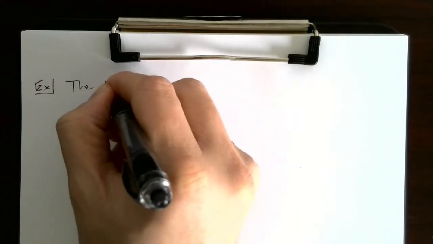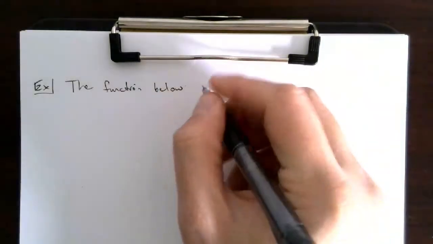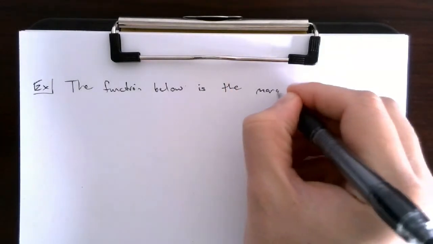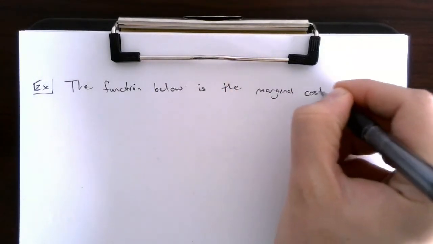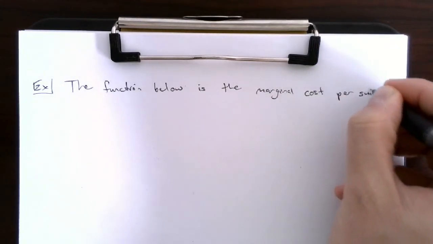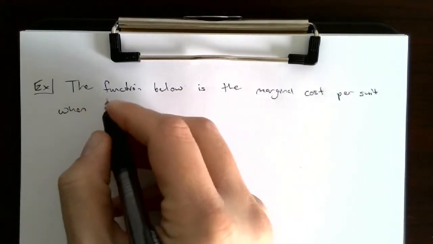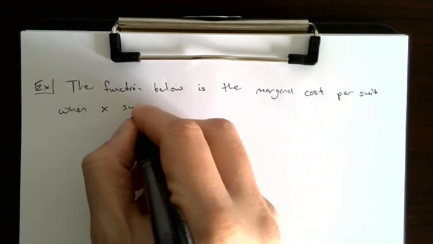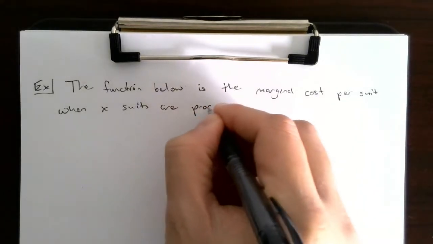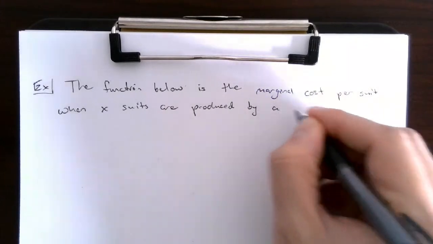The function below is the marginal cost per suit when x suits are produced by a company.